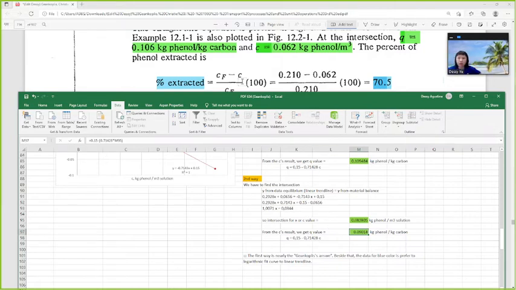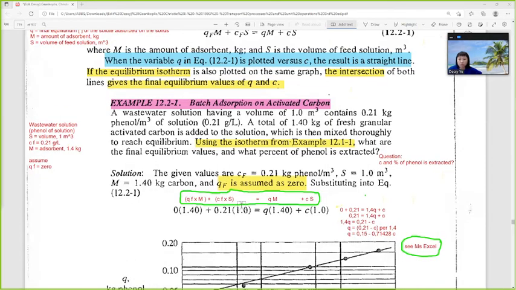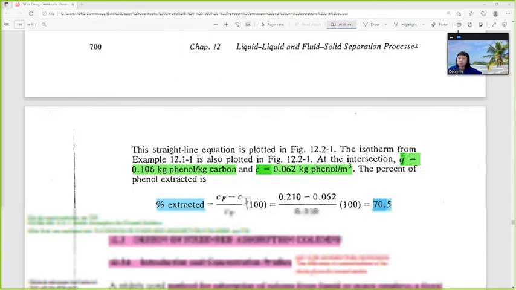Okay, after we know the values of Q and C, we can find the percentage extracted from this equation. We know CF and the value of C. So the percentage of phenol extracted from the solution is almost 71%.